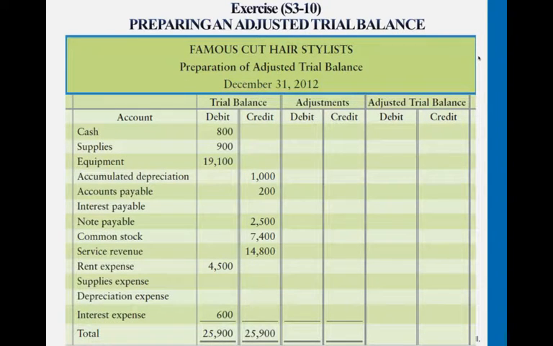Okay, let's do a quick exercise. I'm going to give you the adjusted trial balance and also the practice questions.